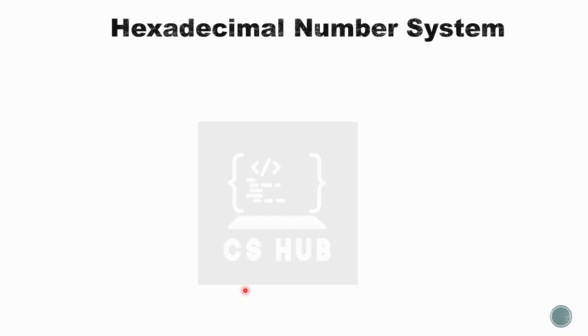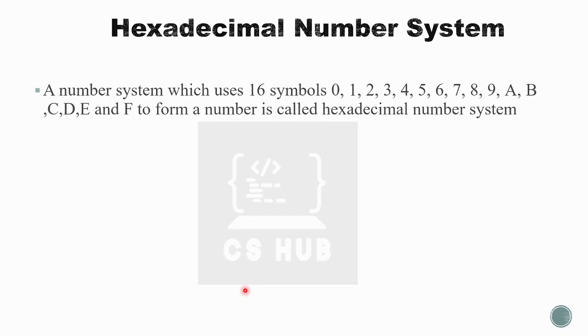Moving on to the last category, the hexadecimal number system. Here it uses 16 symbols. They are from 0 to 9: 0, 1, 2, 3, 4, 5, 6, 7, 8, 9. That gives 10 numbers, as in decimal.